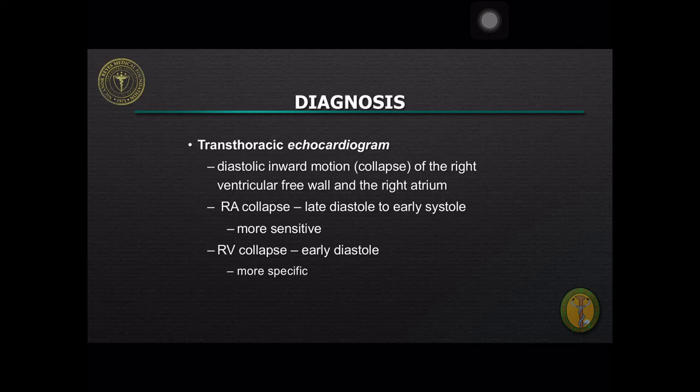Collapse of the right atrium occurs during late diastole to early systole, while right ventricular collapse occurs during early diastole. Right atrial collapse is more sensitive, while right ventricular collapse is more specific for the diagnosis of cardiac tamponade.